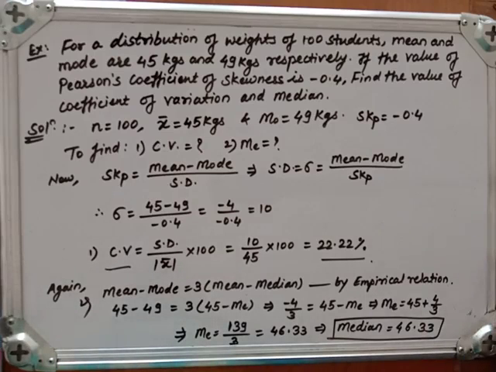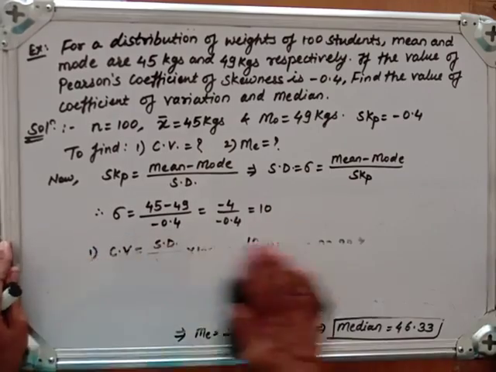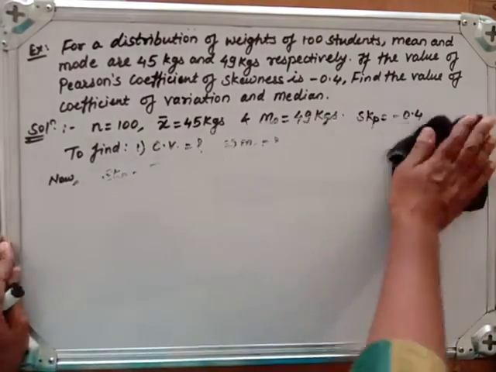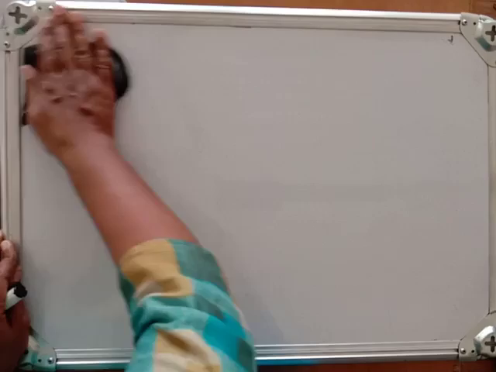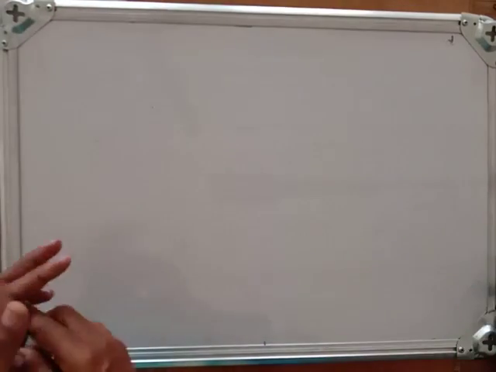Now, let me take the next one. The next example is for the same kind of things given to us.